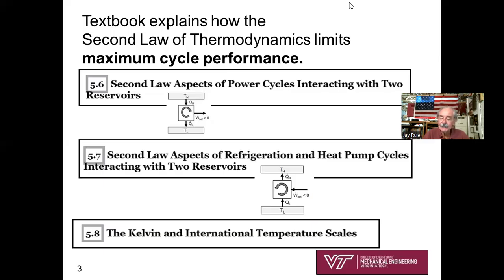And 5.8 has to do with the Kelvin and Rankine temperature scales, in other words, absolute temperature. The author does a very nice job of linking all three of these sections together and talking about the importance of using absolute temperature and the relationship of absolute temperature to heat transfer.